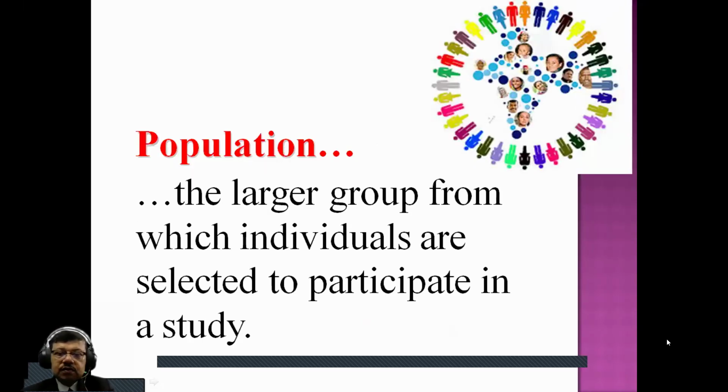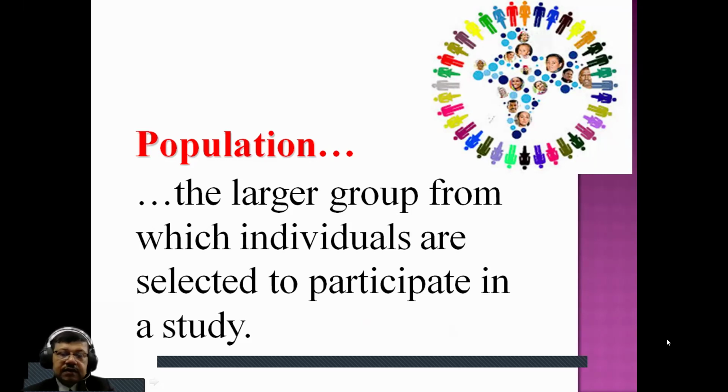Now population. Basically, population is the larger group from which individuals are selected to participate in a study. We cannot have the time or other resources. Basically, these are all constraints, and if we want to go for a study on some 2 crore people, we cannot collect data from all the 2 crores.